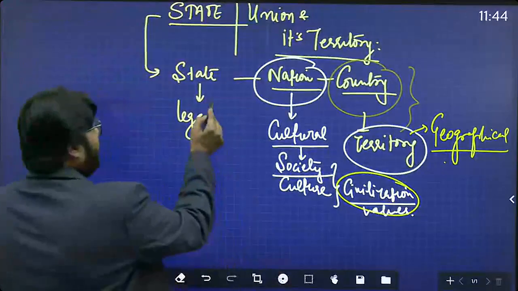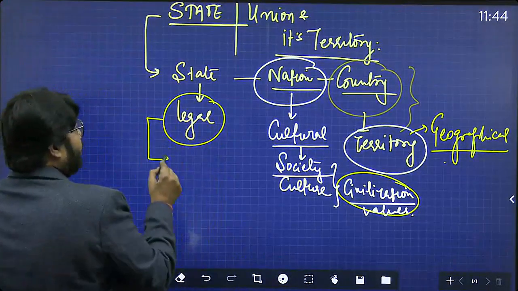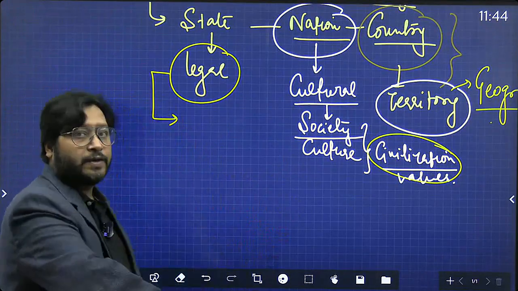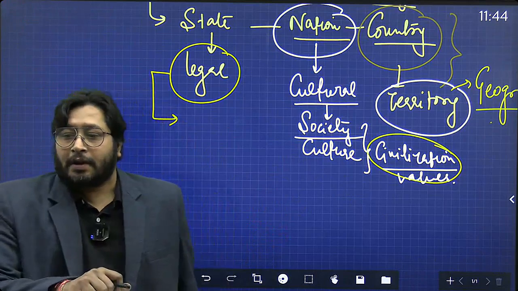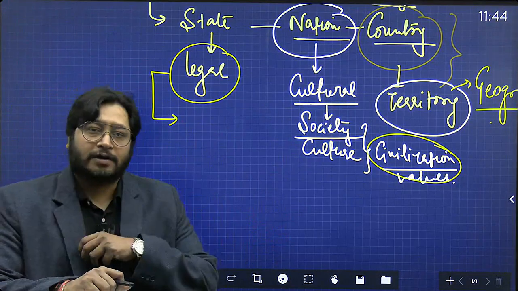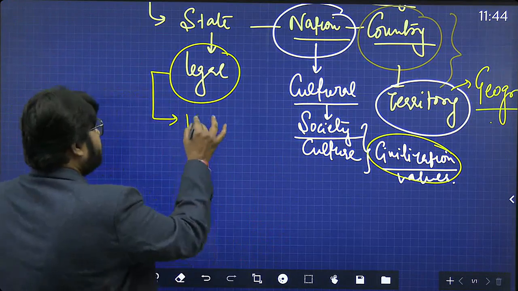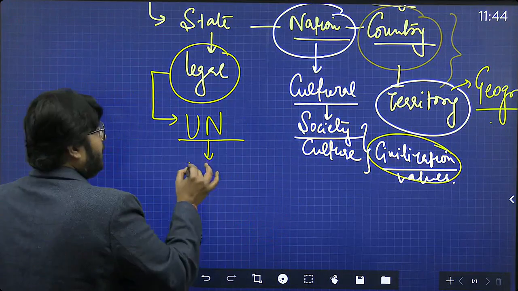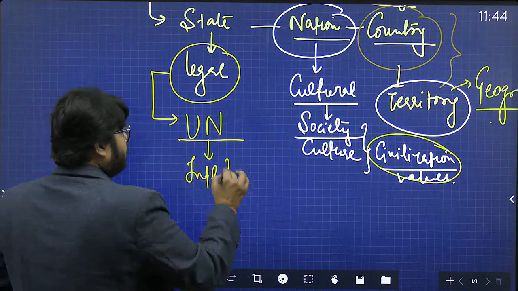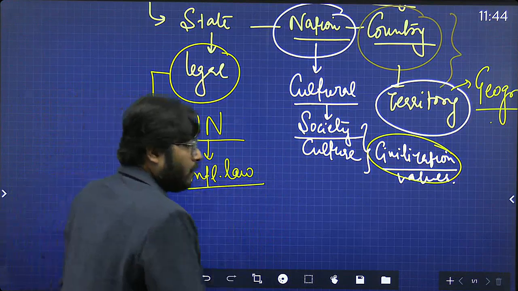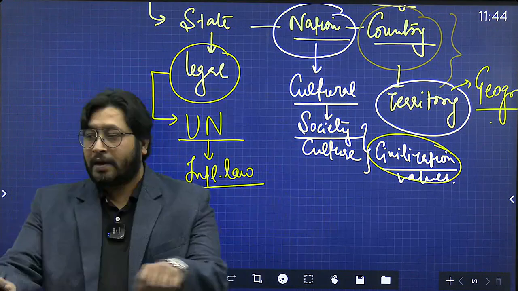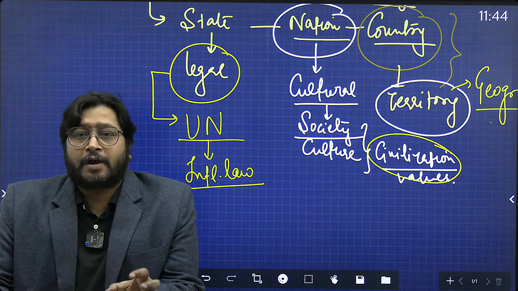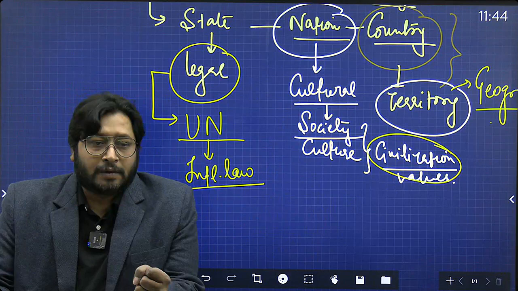State, on the other hand, is a legal term. This legal recognition is provided by an entity which has already been internationally recognized, for example, the United Nations. The United Nations recognizes under international law the states that fulfill the criteria of that international convention.